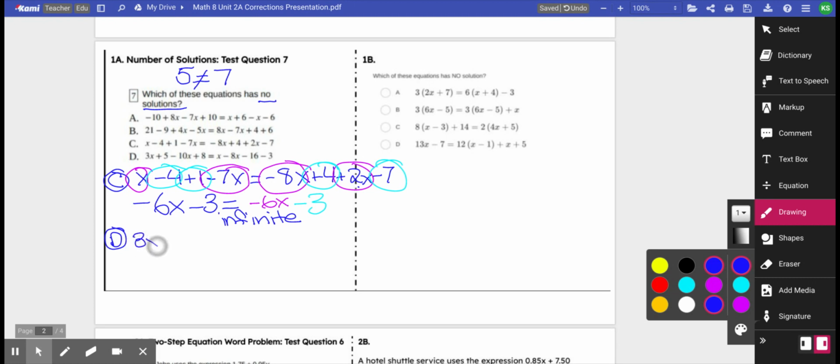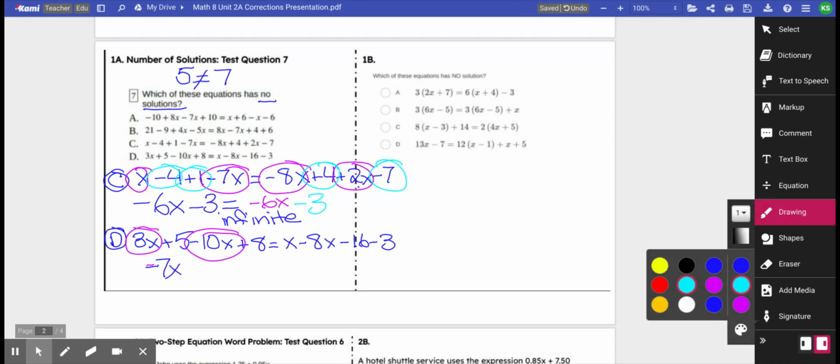So 3x plus 5 minus 10x plus 8 equals x minus 8x minus 16 minus 3. So again, combine like terms. So I have 3x minus 10x, which gets me negative 7x.